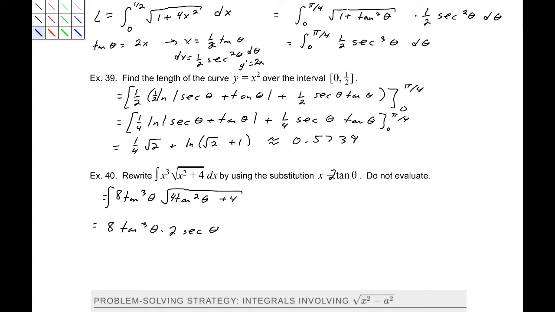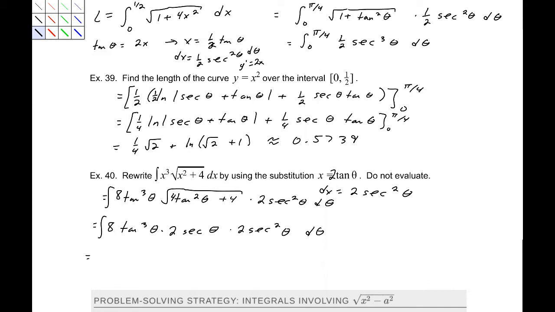Okay. And we need our d theta actually. So dx becomes 2 secant squared theta d theta. Alright, so then we've got another secant squared, which will become a secant cubed.